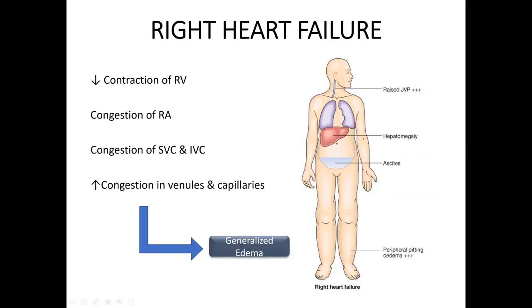Right heart failure: there is decreased contraction of right ventricle, congestion of right atrium, congestion of superior and inferior vena cava, and increased congestion in venules and capillaries, resulting in generalized edema.